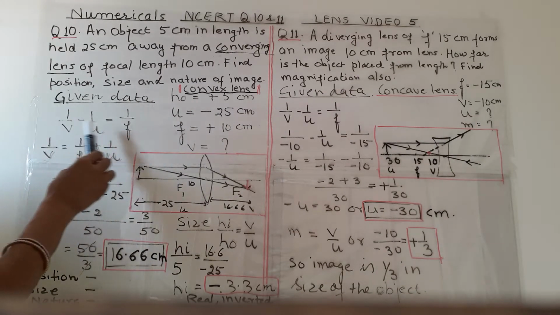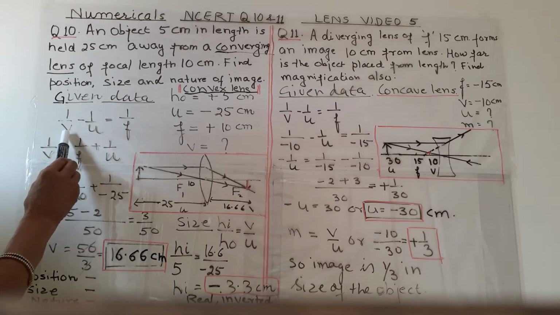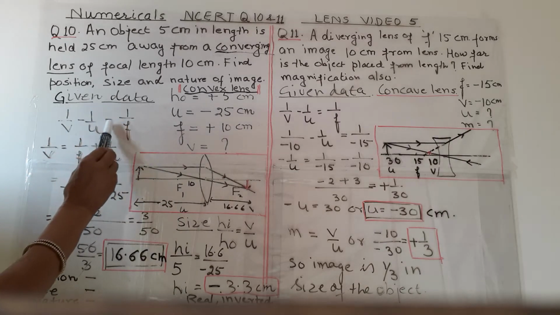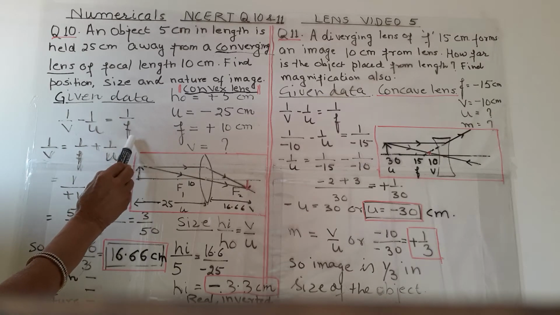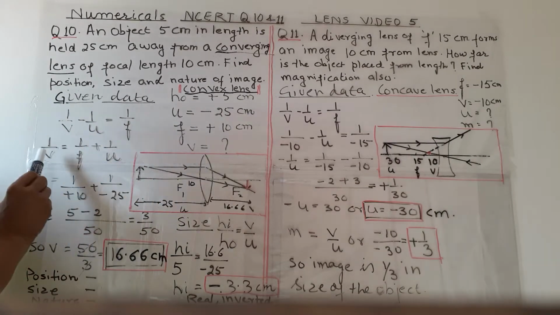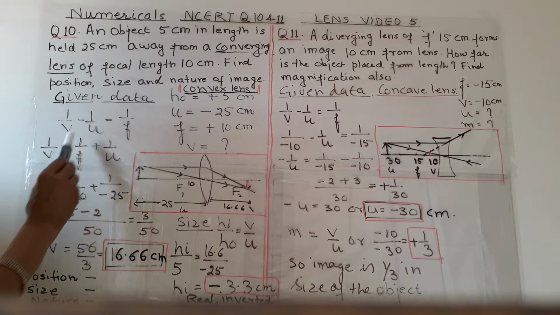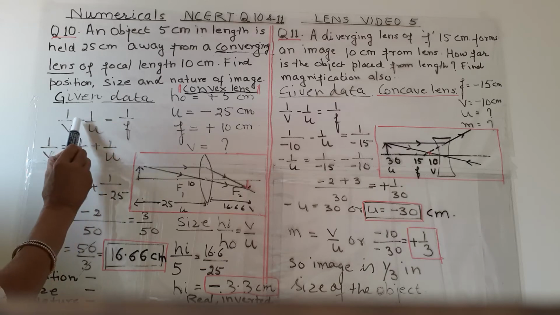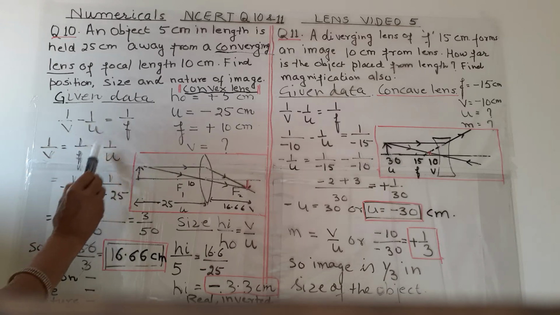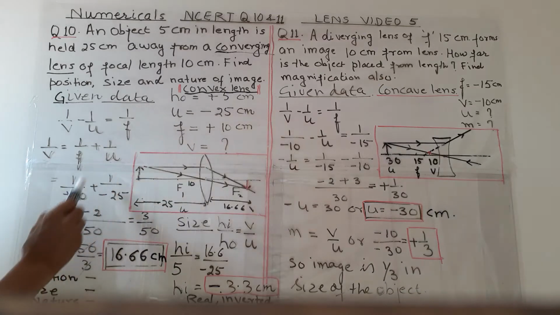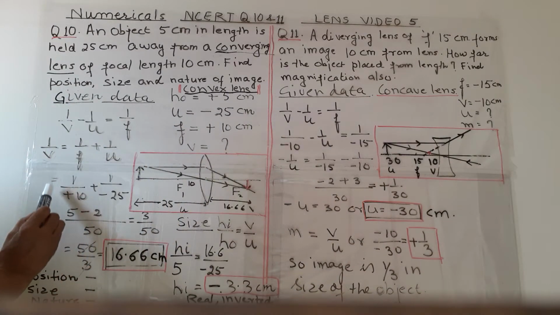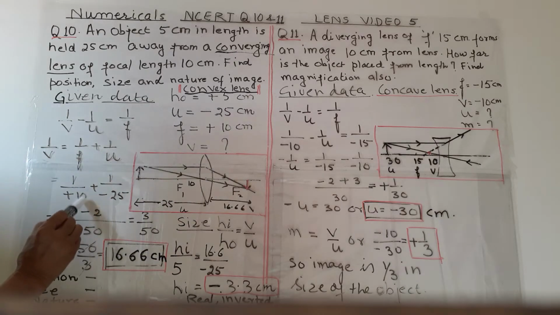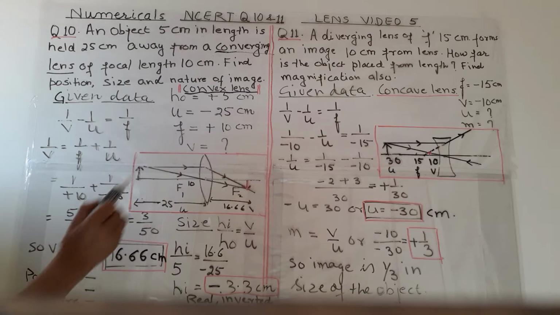Yesterday you have seen the lens formula is 1 upon V minus 1 upon U is equal to 1 upon F. We have to calculate V. So 1 by V will be equal to 1 by F. This U comes on this side, so the sign will be changed. It will be plus 1 by U. Now putting the values, 1 by V will be equal to 1 upon, we will write the values with signs, plus 10, plus, and minus 25.